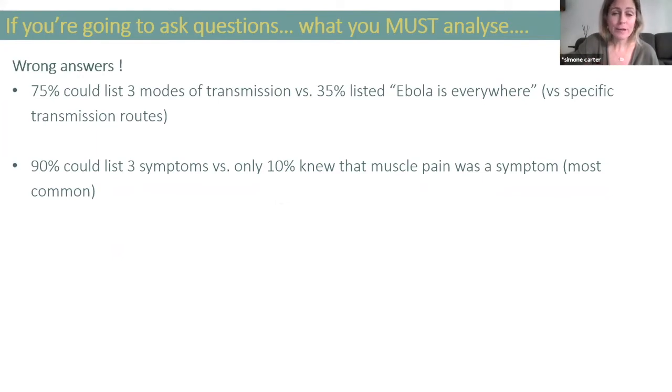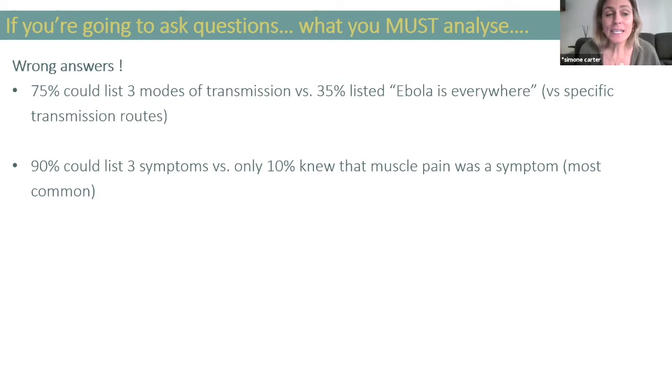But still 35% listed that Ebola is everywhere. And this is not true. Ebola is not everywhere. It's transmitted by specific routes. And what this meant was there's a misinformation that everywhere you go, you're going to catch Ebola. And that influences behavior and fear. And so by only looking at the 3 positives, we're missing other information that could be addressed. So how do we better talk about transmission routes? How do we better explain this, if this is a big misinformation that we could address?